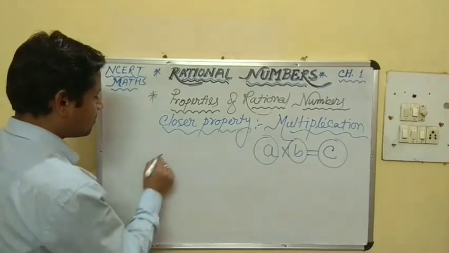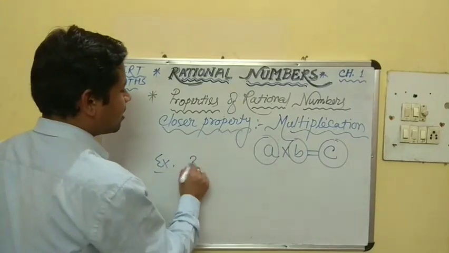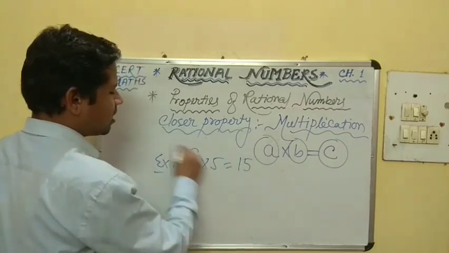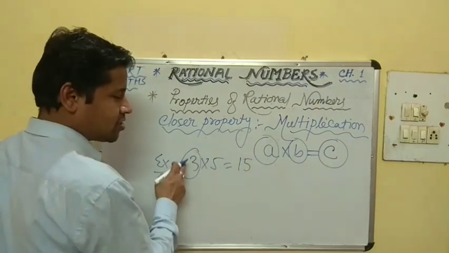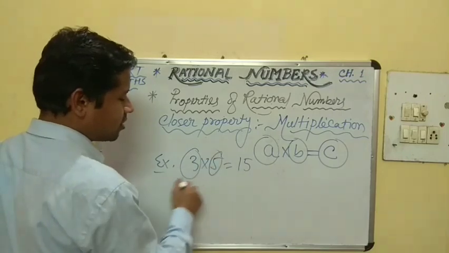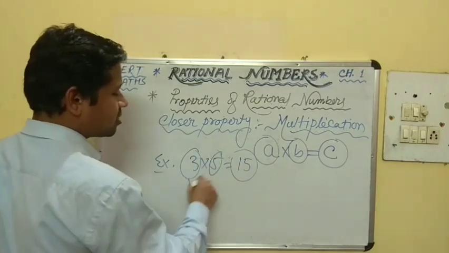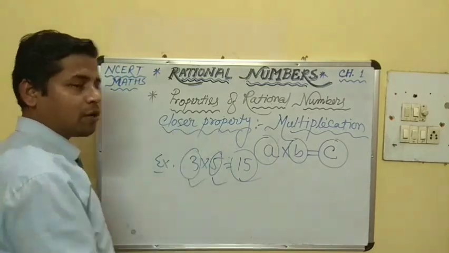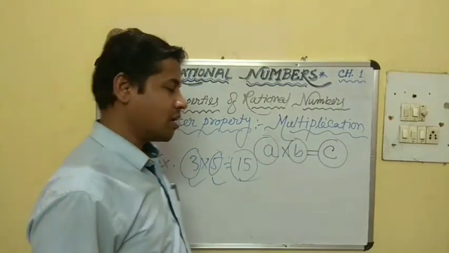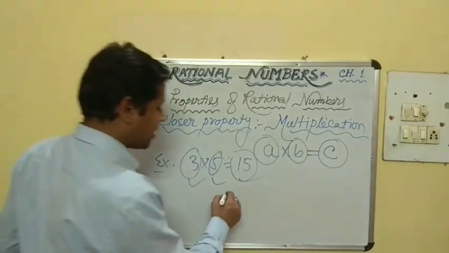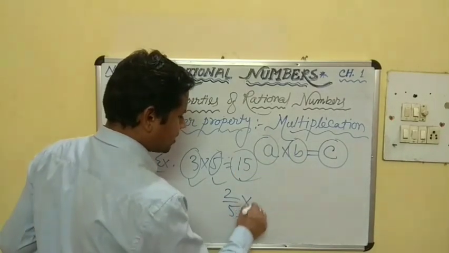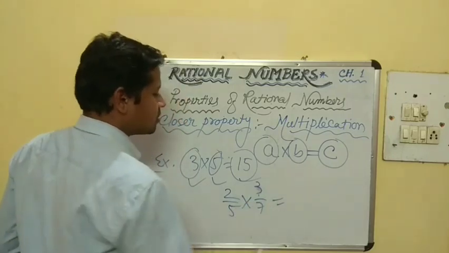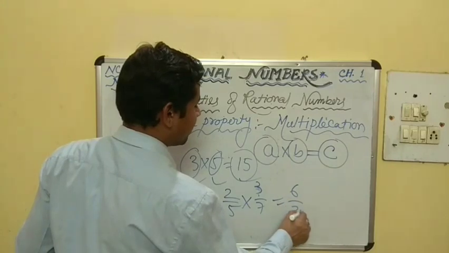Let's take an example. If you take 3 into 5, it will become 15. 3 is a whole number as well as a rational number. 5 is also rational. 15 is also rational. Rational into rational equals rational. That is, the closure property holds for multiplication. If you take fractions, then 2 by 5 times 3 by 7 equals 6 upon 35.